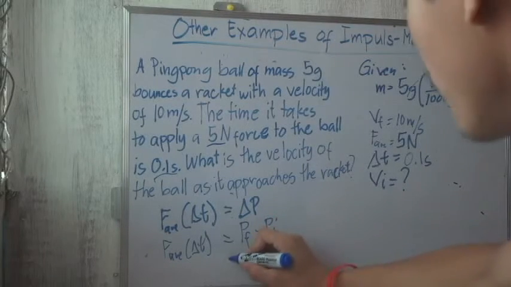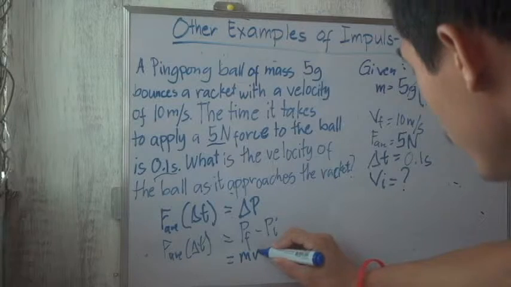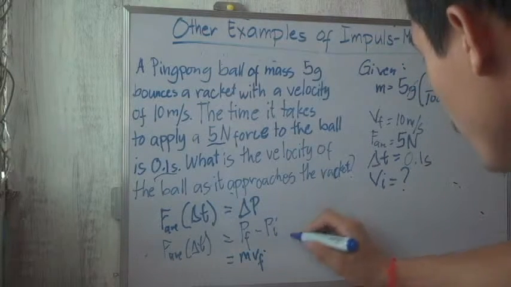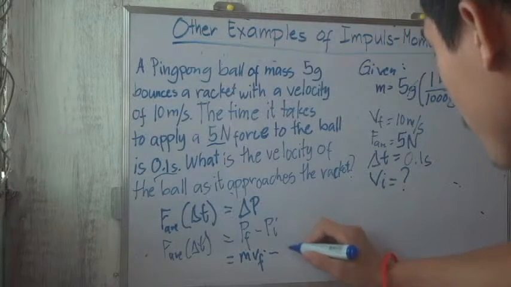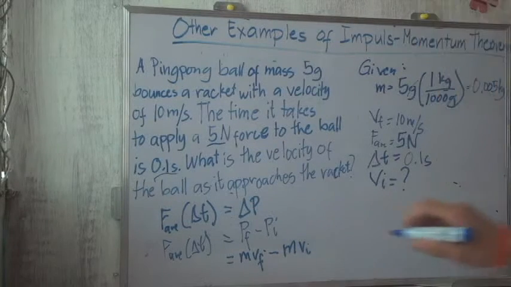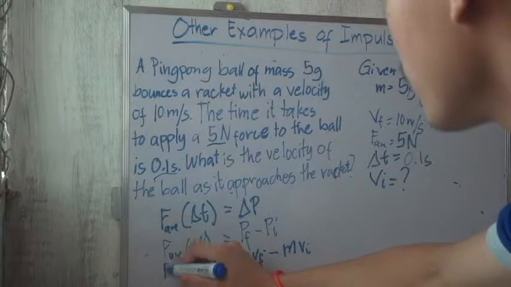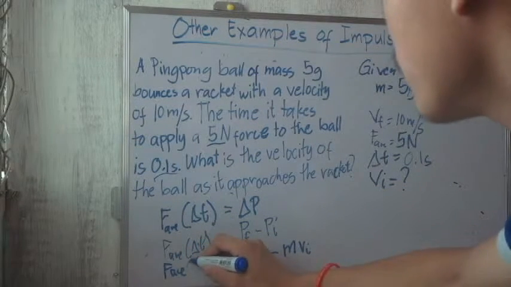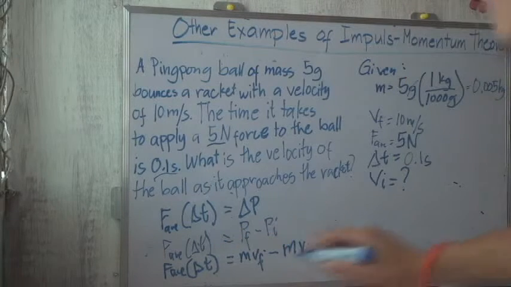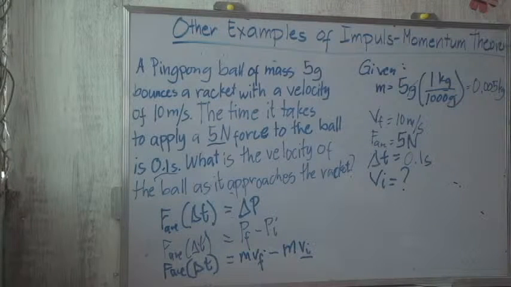So, ang momentum final equal ra po na siya sa mass times velocity nga final, o ang momentum initial ka-equal sa mass times velocity nga initial. So atong ginapangita ang initial nga velocity.